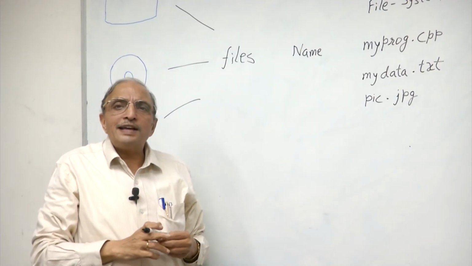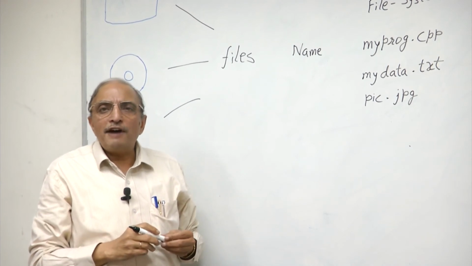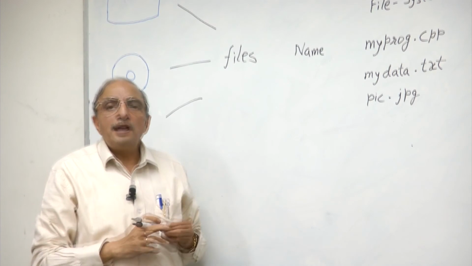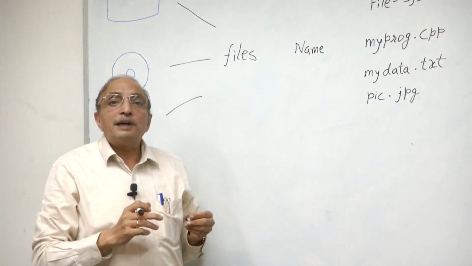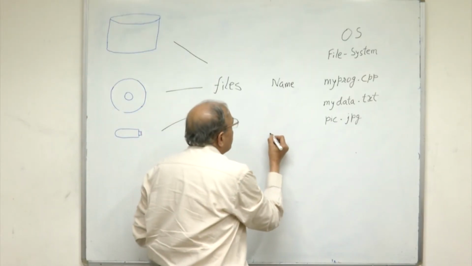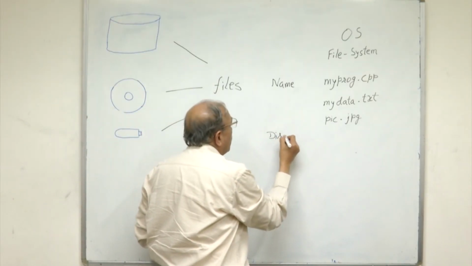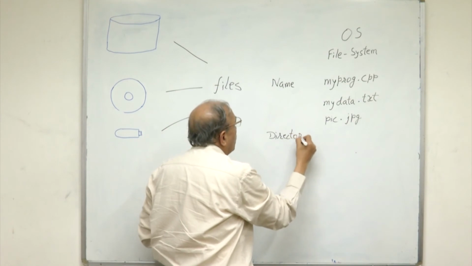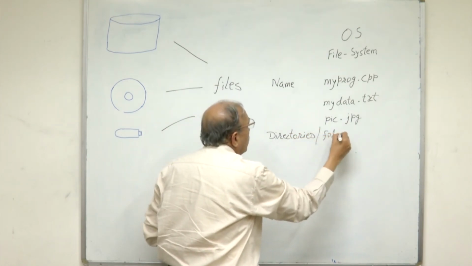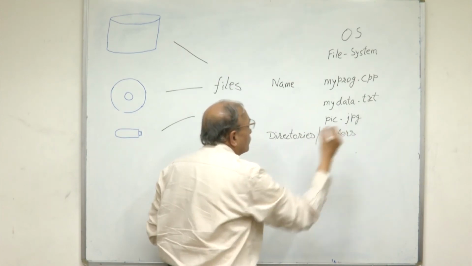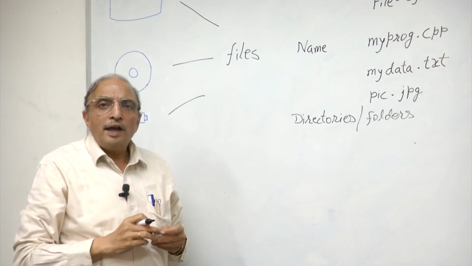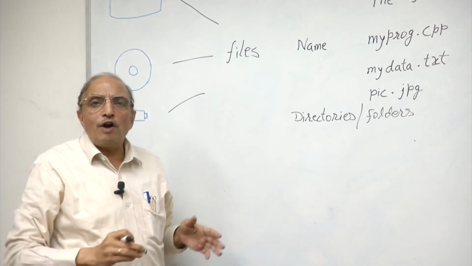Not only the files have names and extensions, but the files themselves are organized within an external storage device in different subdirectories or folders. These directories and folders offer a hierarchical organization of all files.